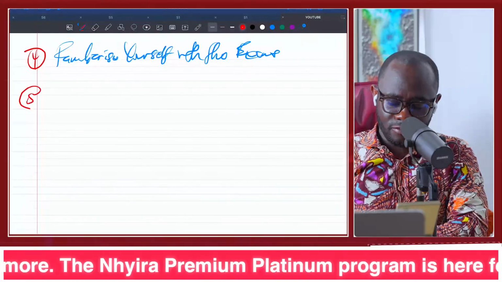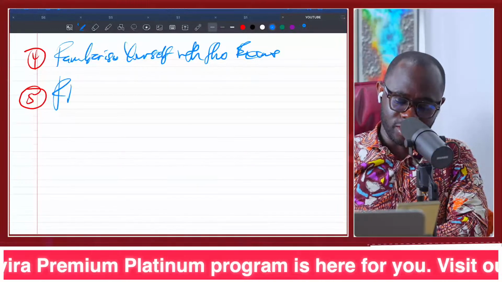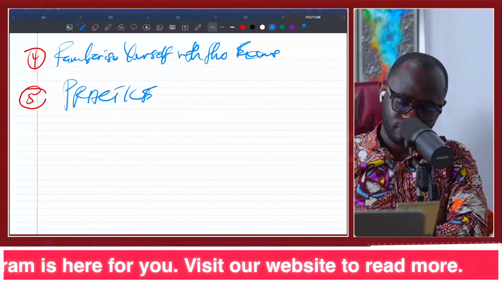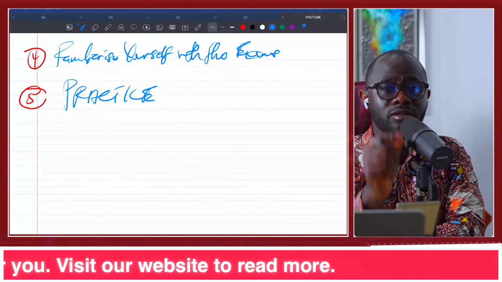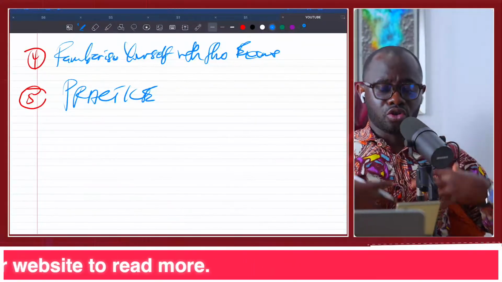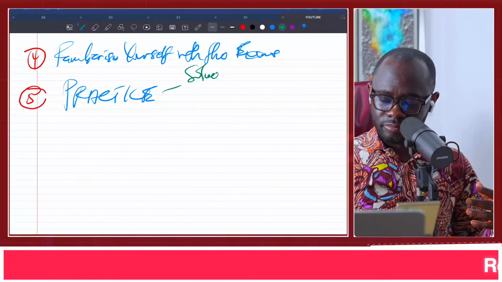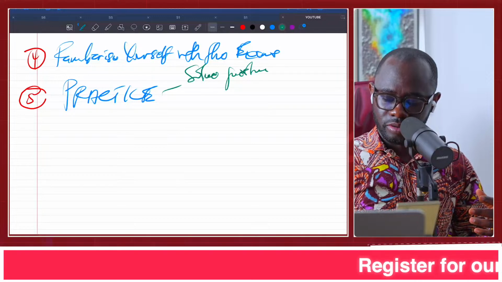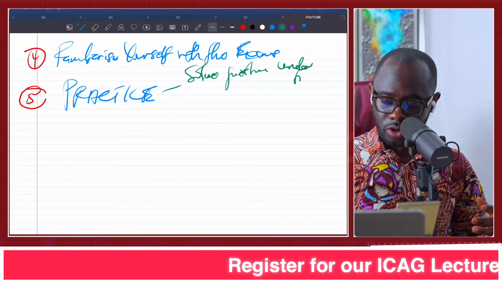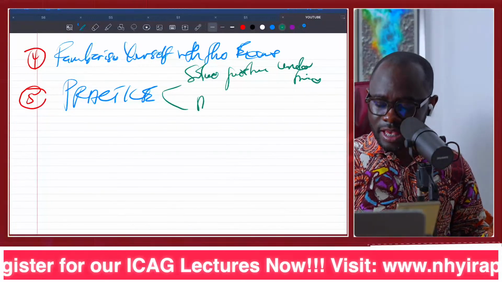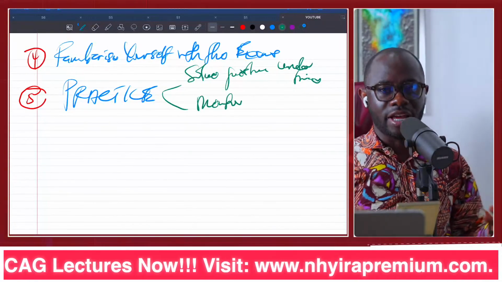And then number 5 is going to be this big word, practice. Put yourself in simulations where you are controlling your emotions. So solve questions under time. Very important. Okay? Solve questions under time. Get a mentor to guide you.